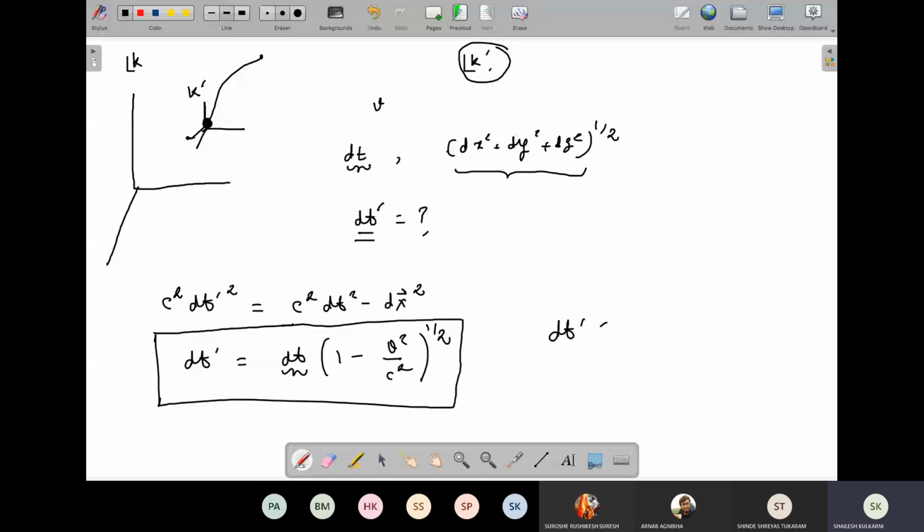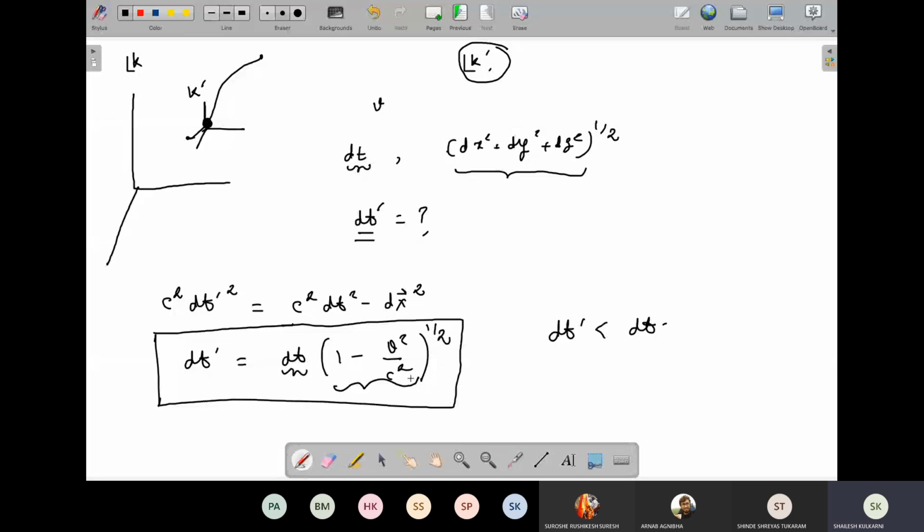Is that clear? And the shortening factor is this.